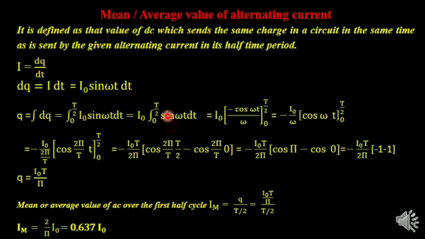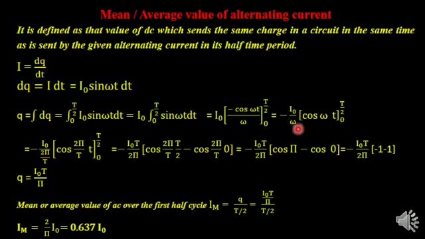After integration, q equals I0 inside the brackets minus cos omega t divided by omega, limits from 0 to T half. After rearrangement, q equals minus I0 divided by omega cos omega t, 0 to T half.